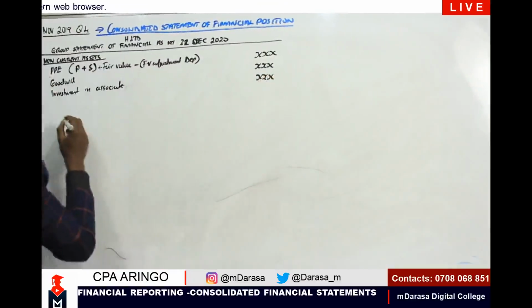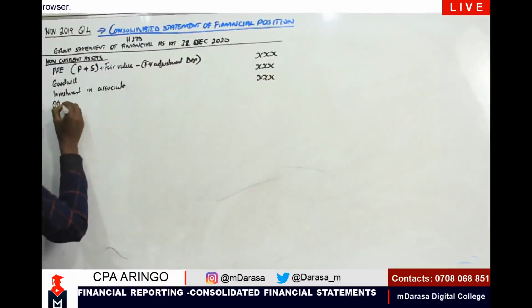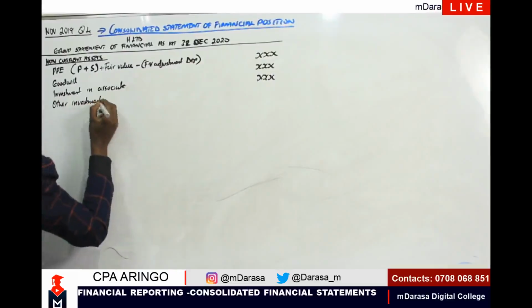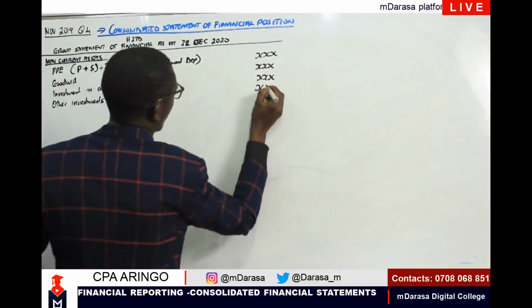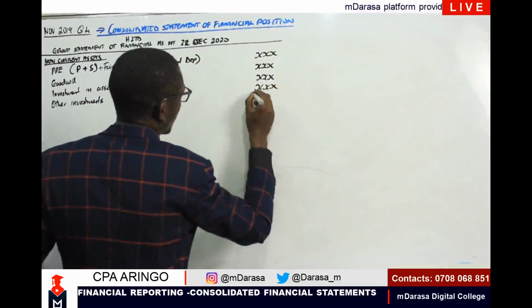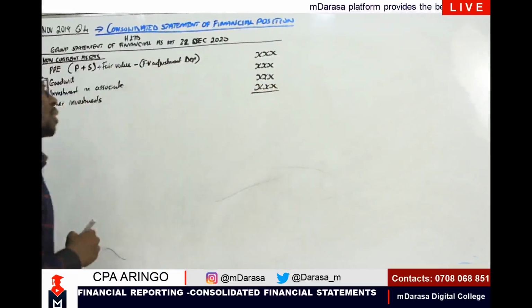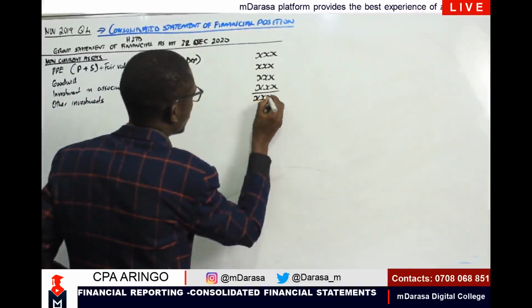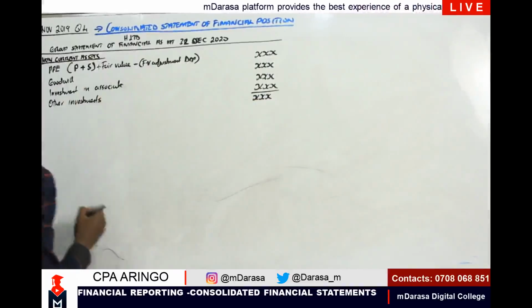And consider other investments of the company. Have them there, so that at the end of the day, that should give us, of course, our non-current assets total.